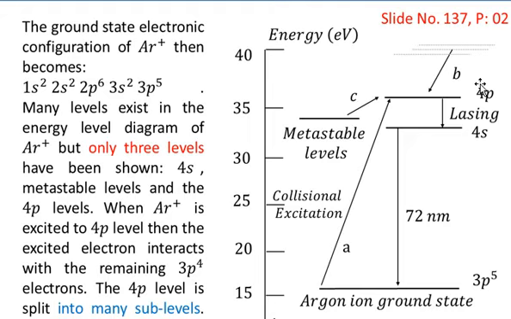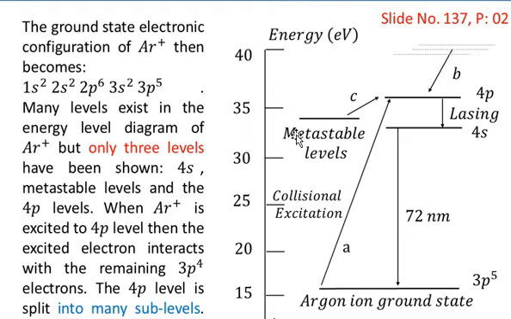The 4p level is split into many levels, and similarly the 4s level will be split into many levels, and the lasing action will take place from one of the levels in the 4p to one of the levels in the 4s. So 4p contains many sublevels, 4s contains many sublevels which we have not shown, and we have shown the lasing action from one of the 4p levels to one of the 4s levels.